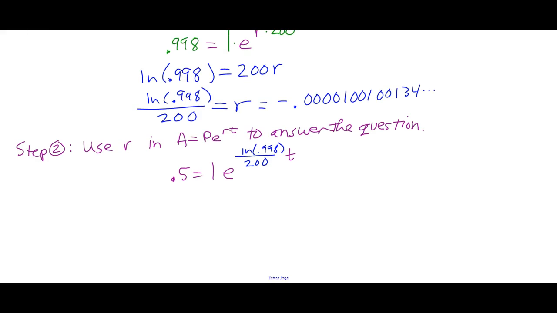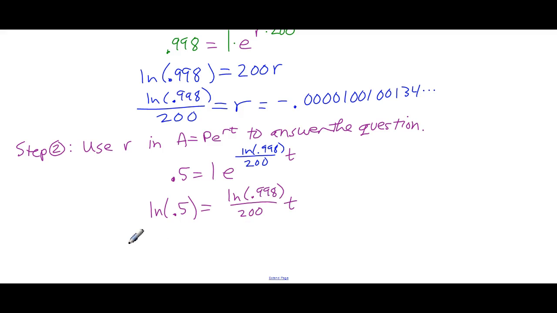And this is not a particularly difficult equation to solve either. Again, I'm just going to ignore the 1 because 1 times anything is that thing. I'm going to move the e to the other side, turn it into a logarithm. And then, like we did last time, when you've got a fraction here, you could divide by it, but then you get something that's really tricky to type into your calculator properly.